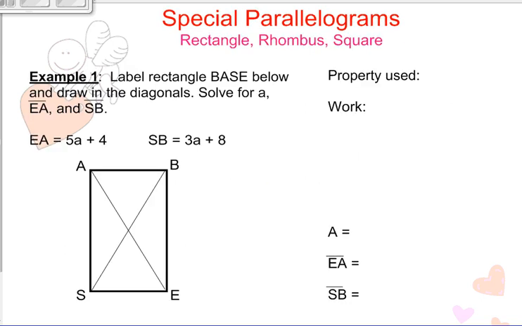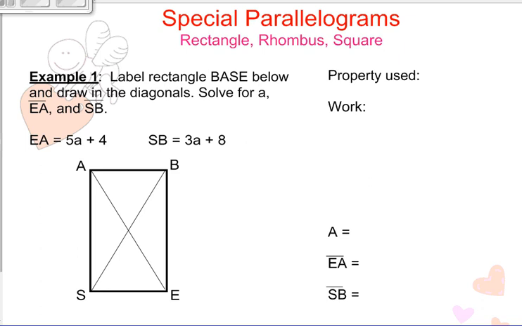Let's look at some examples of how we're going to use these properties. Here it asks us to label the rectangle BASE and solve for A, EA, and SB. So I'm going to place my information where it needs to be.